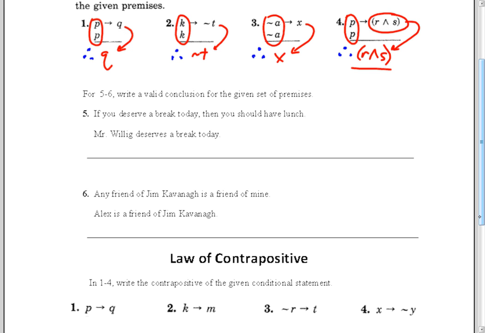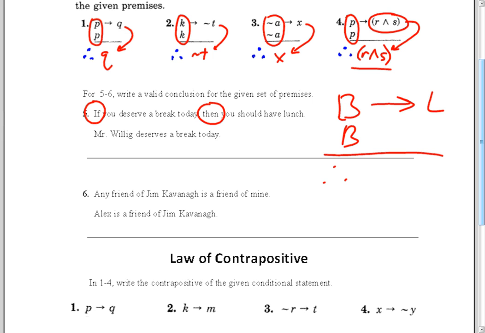So when I see this and I see if and then, I put my symbol. I change "you deserve a break today" into a B. "You should have lunch." I make L. Then the second premise involves deserving a break, so I'll put B again. So my symbolic version of that looks like that.